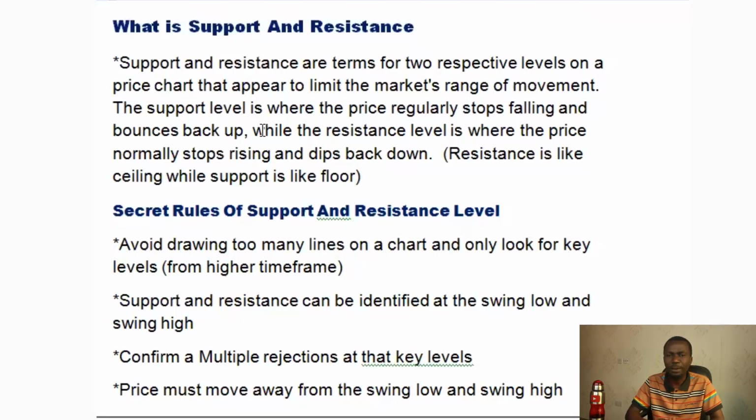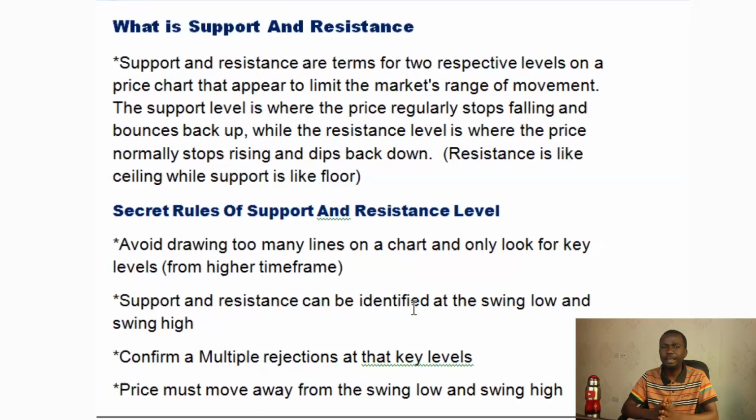The resistance level is where price goes up and reverses, while the support level is where price dips down and reverses. So the point where the uptrend reverses becomes a resistance level, while the point where the downtrend reverses becomes a support level.